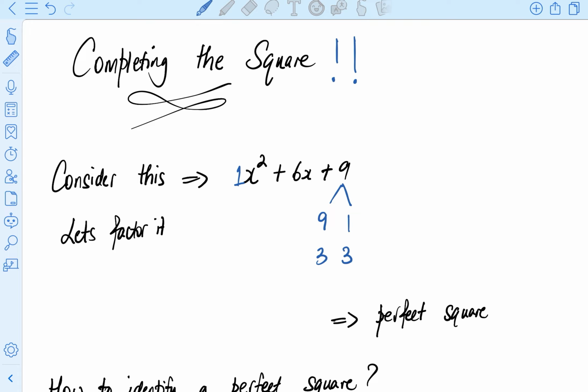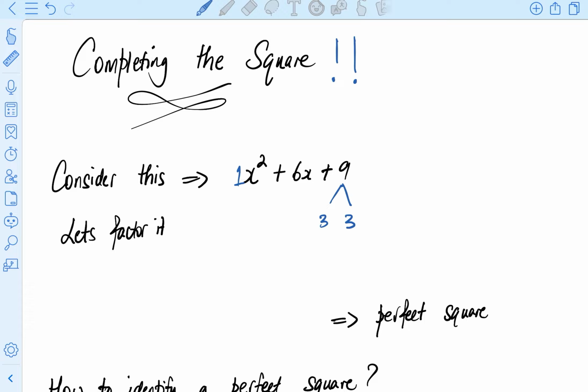The factors of 9 are 1, 3, and 9, and we notice that 3 and 3 added together gives us 6. So the two numbers are 3 and 3.